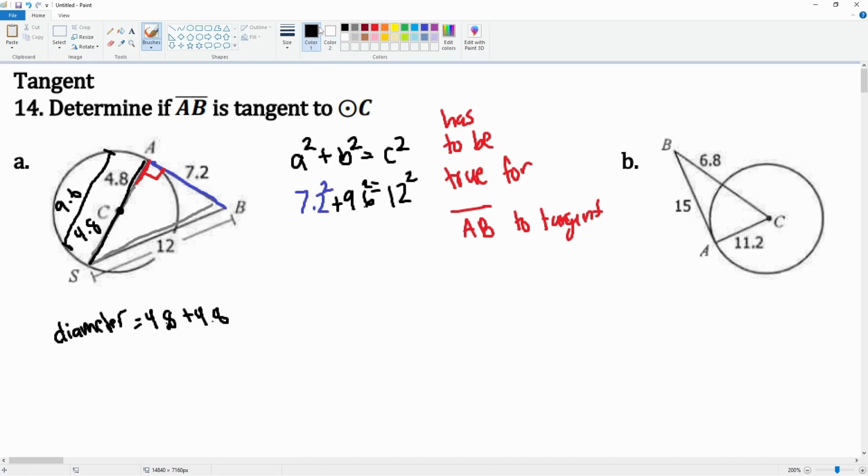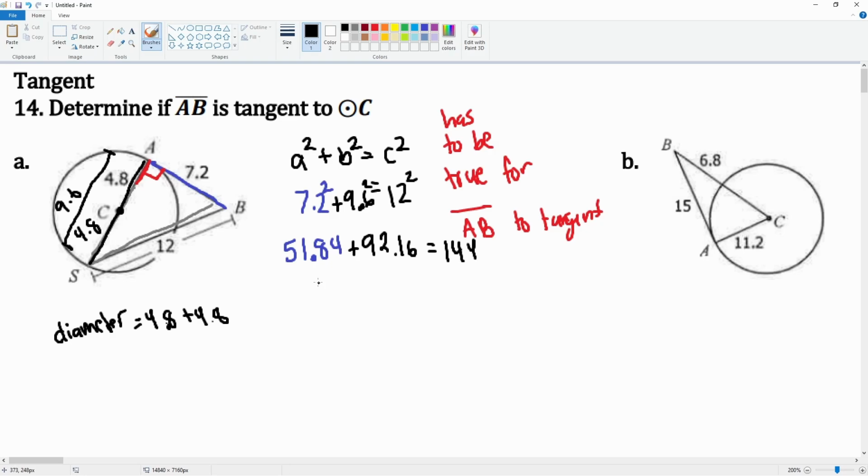Okay, let's do this. 7.2 squared is 51.84, plus 9.6 squared, which is 92.16, is equal to 12 squared, which is 144.